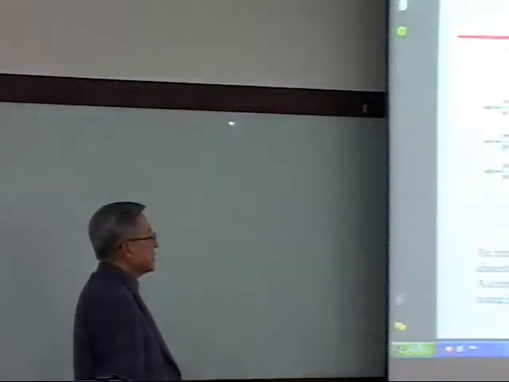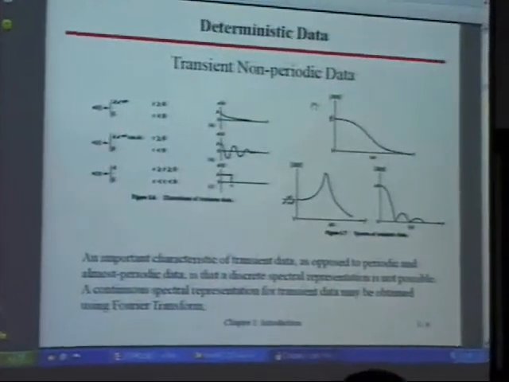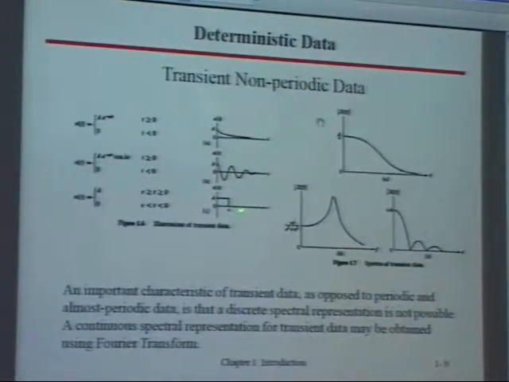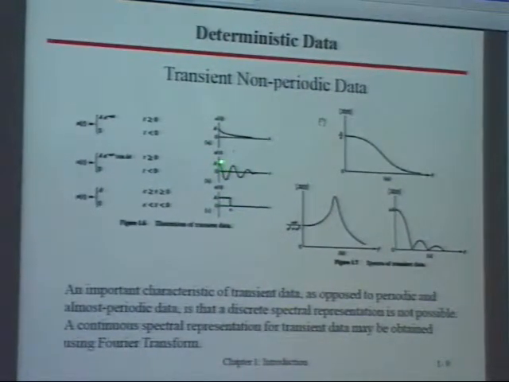This is transient, non-periodic data. Typical, square wave. This guy is a damped signature, because outside the door you have a damper, a shock absorber.